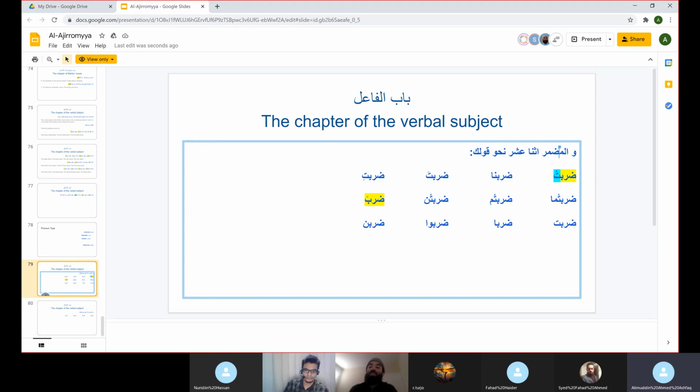So for us to give examples for the attached pronouns, we have to go through the verb conjugations and mention how the attached pronoun is either hidden or manifest. The first one is ضربت, and ضربت means I hit.